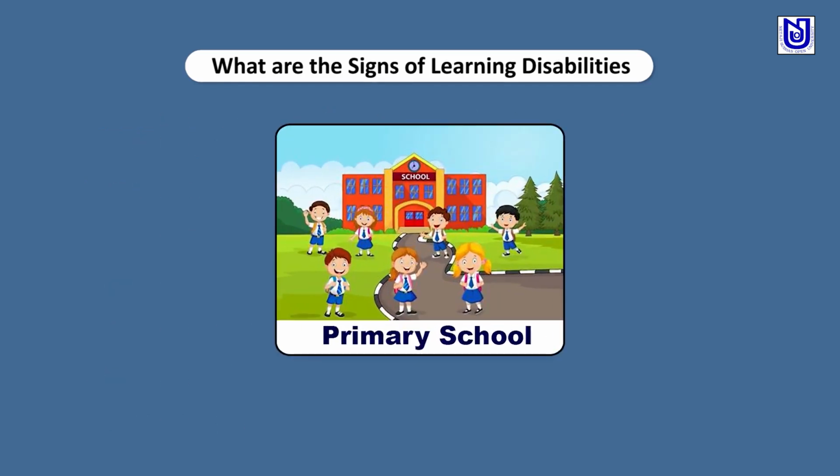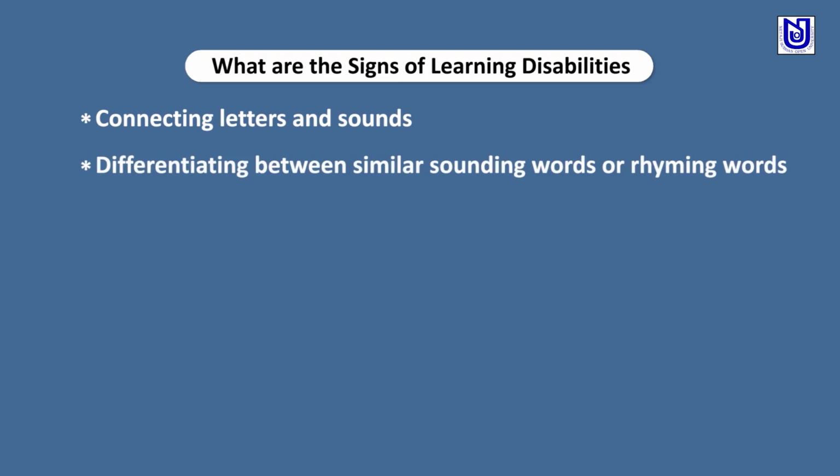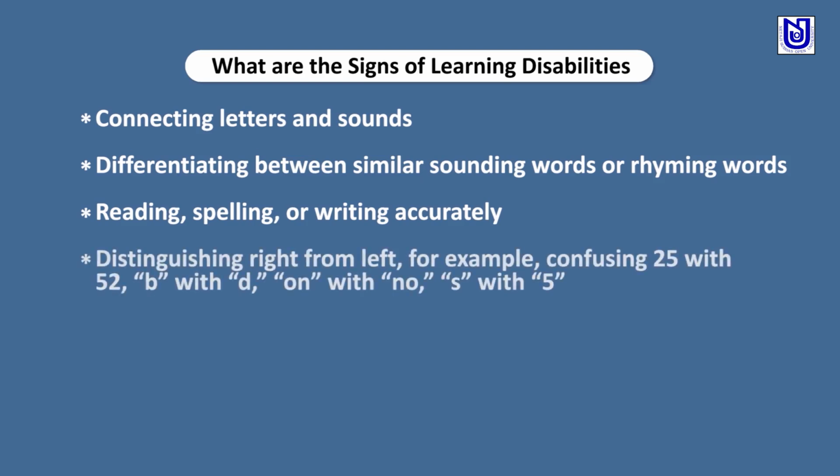At the primary school level, the child may have difficulty connecting letters and sounds, and differentiating between similar sounding words and rhyming words. Reading, spelling and writing accurately is also a problem for them. Distinguishing right from left is also a problem.